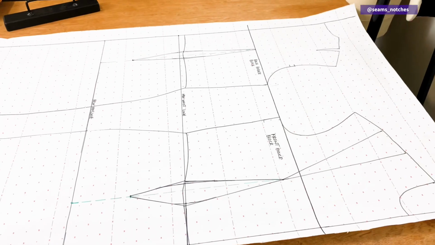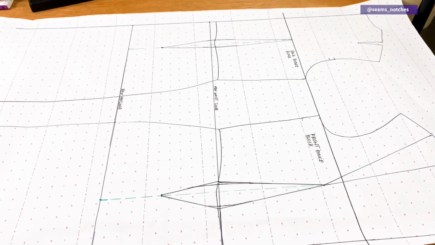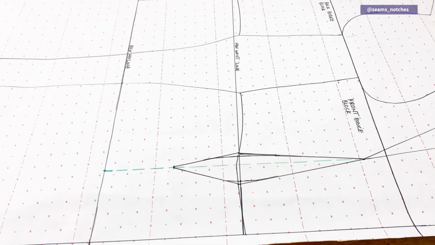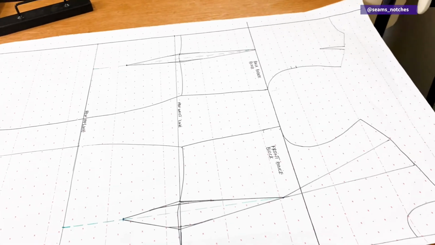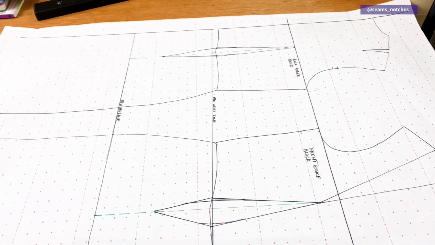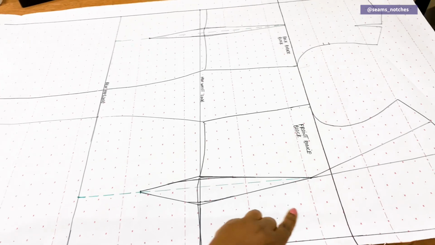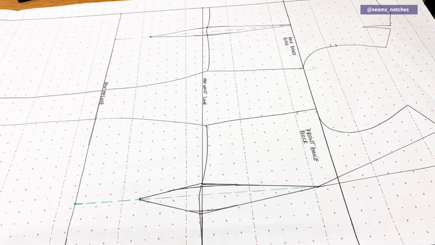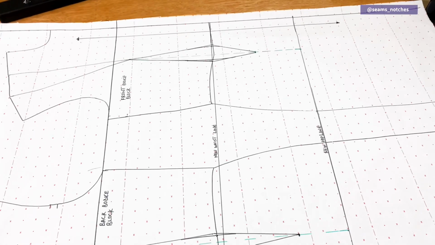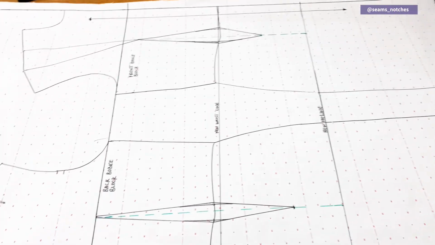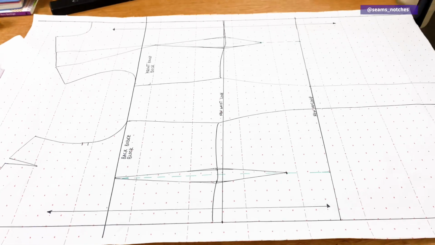So by reducing the darts, we are going to curve our dart edges, making sure they are not as pointy as they used to be, because the human body, especially the bust area, is a bit curvy, so you don't need any sharp edges. So we are going to repeat that same step for the back dress block. And once that is completed, our dress block is ready to go.